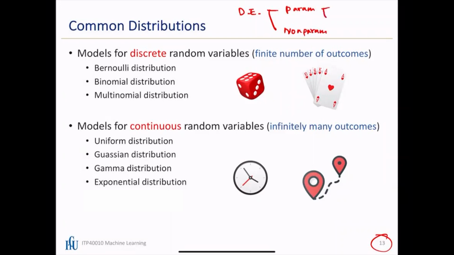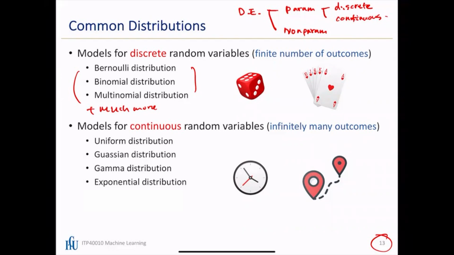Within the group of parametric methods, there are models for discrete random variables and models for continuous random variables. Here are a few examples of discrete random variable models. There are many more actually, but here are 3 common examples.